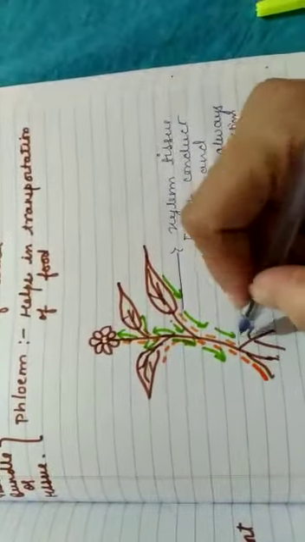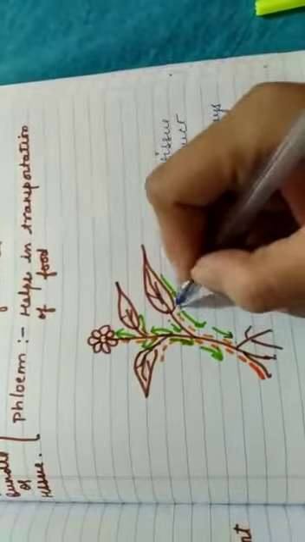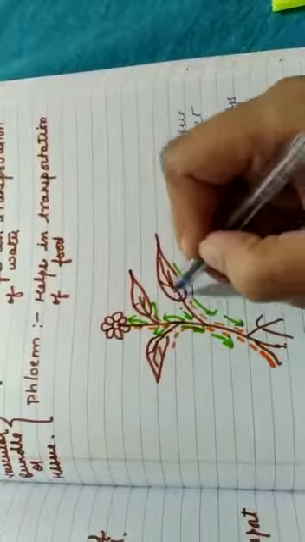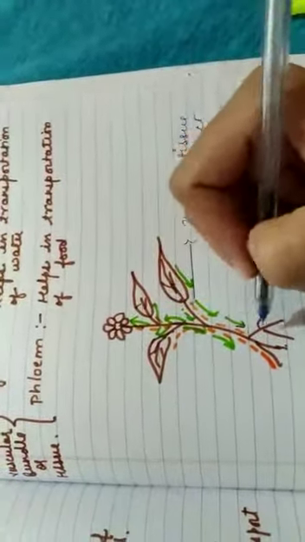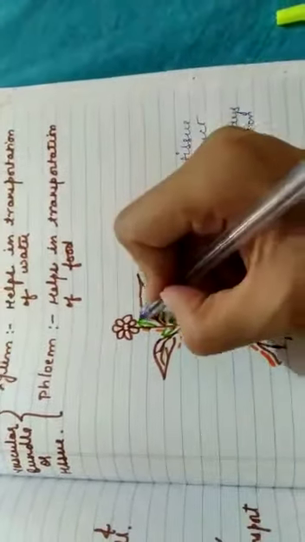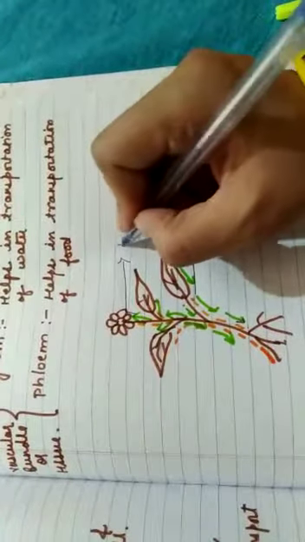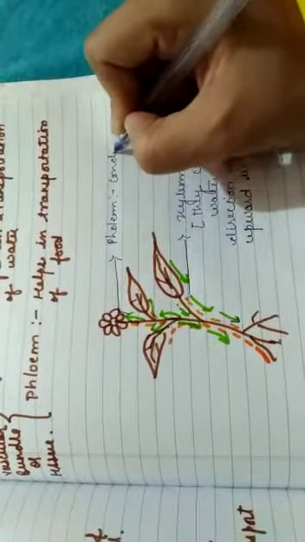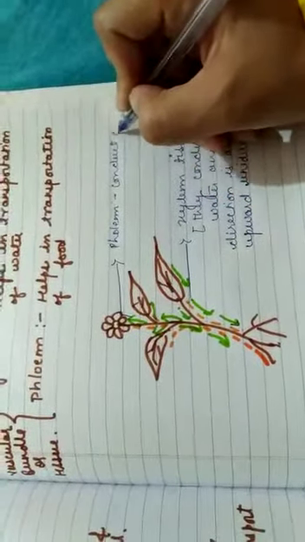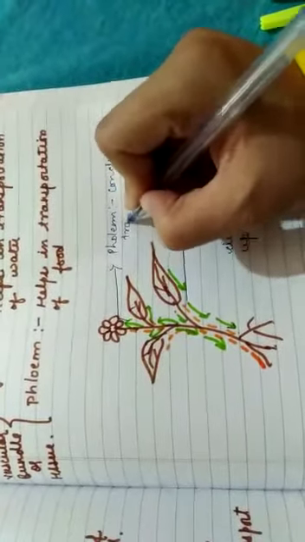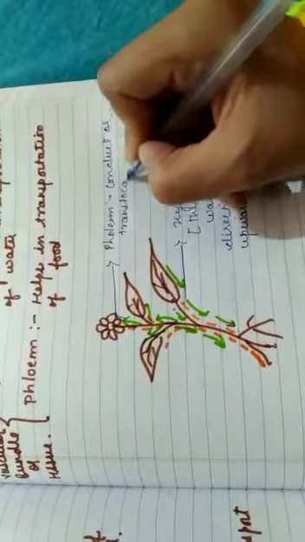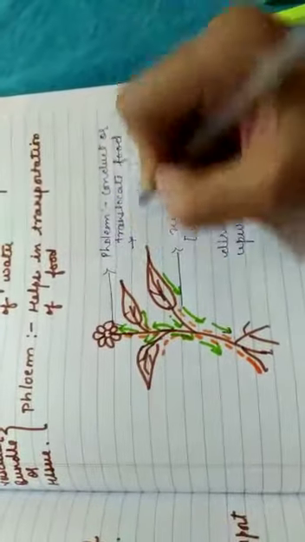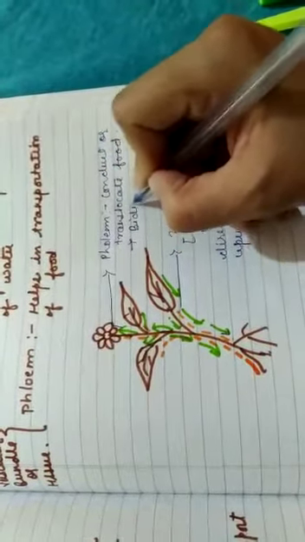And the phloem, this green one, is going up, also going down, also going this side. So the direction of flow is bidirectional. Phloem conducts, or you can say translocates, food to different parts of the plant.